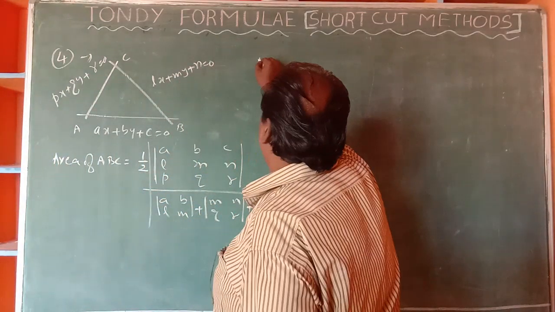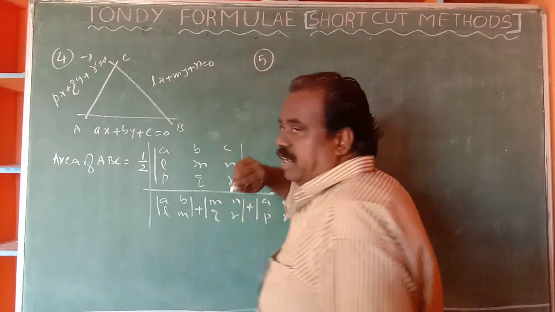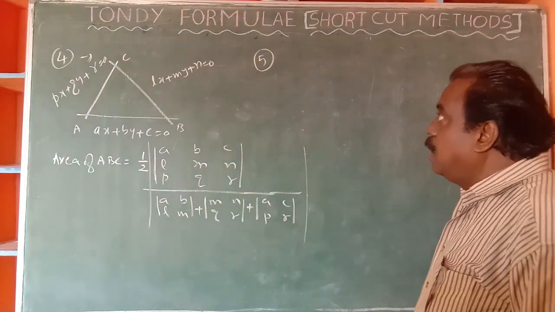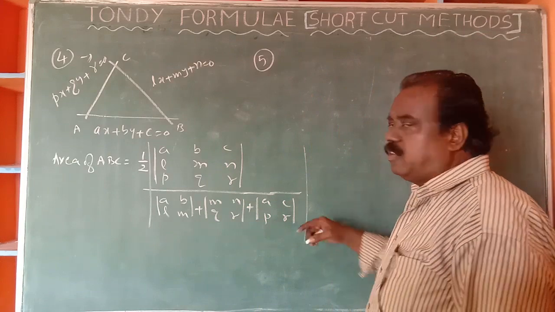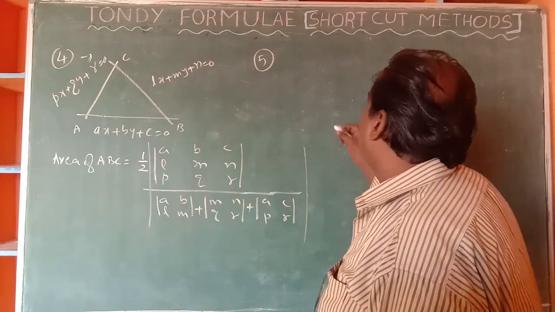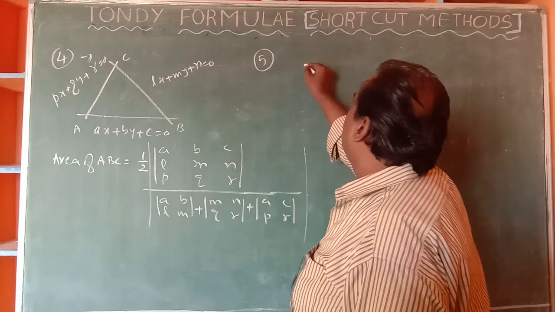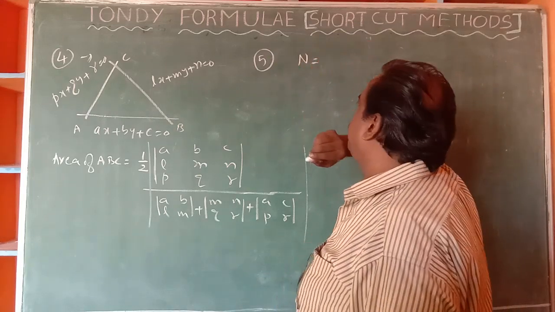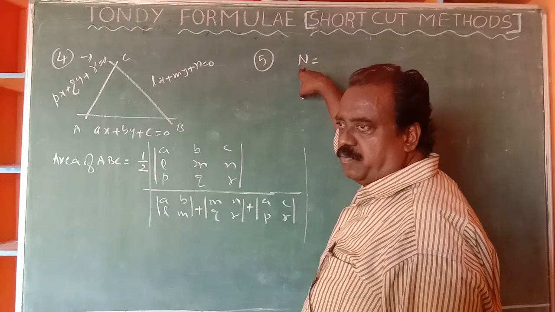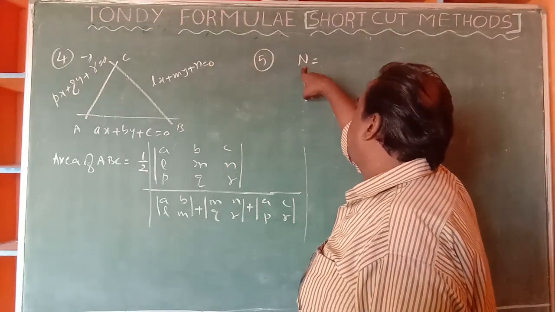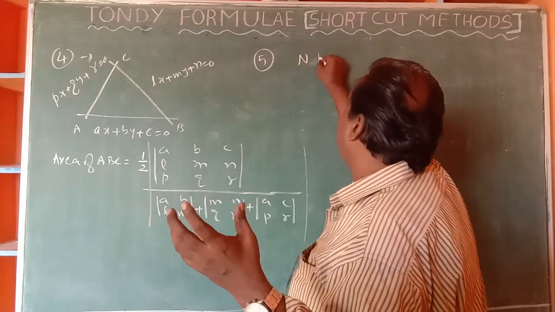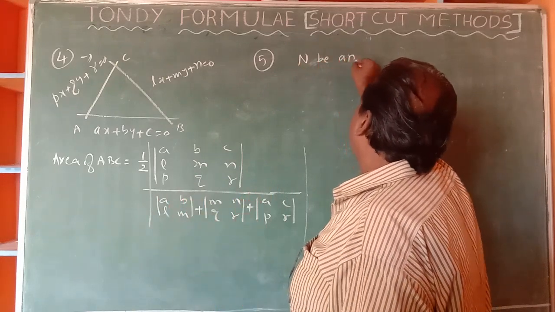Now I want to find the fifth formula. We change the topic. Suppose capital N is an integer. We assume, let it be an integer.